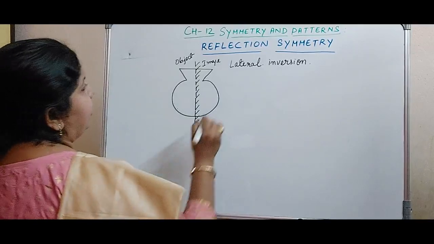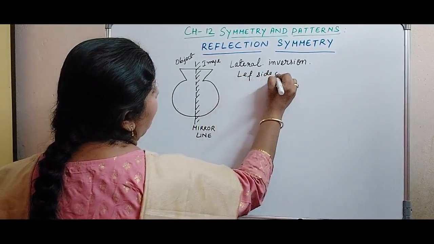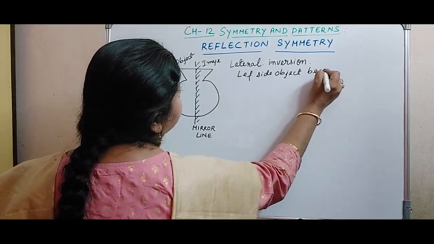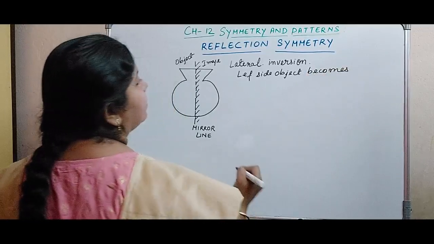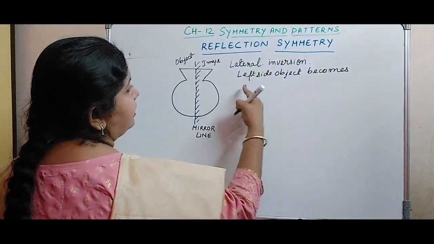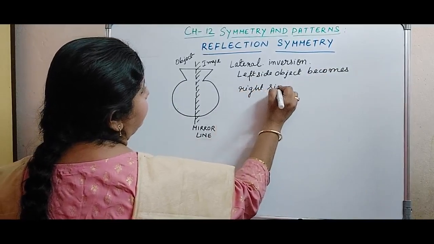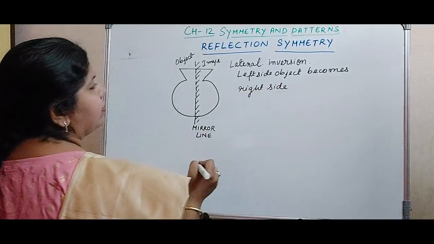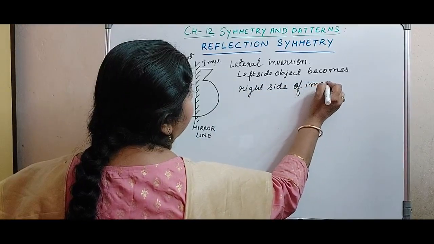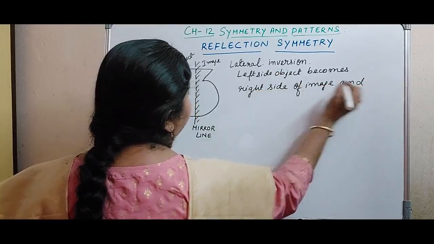So you see that the left side of the object becomes the right side of the image, and vice versa.